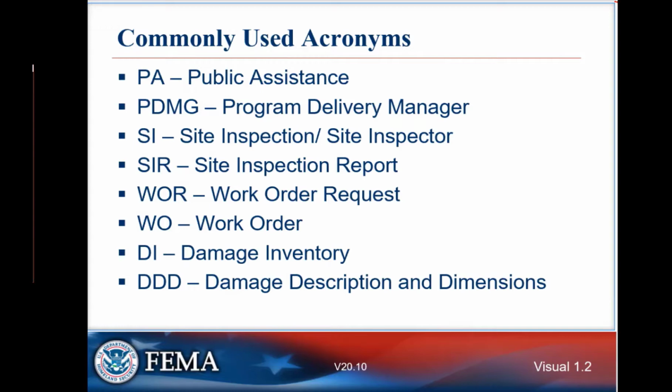We have SI, which stands for Site Inspection or Site Inspector, interchangeable depending on the context of the discussion or topic. We have SIR, which is short for Site Inspection Report. The Site Inspection Report is the template that FEMA uses to gather the necessary information while on the site inspection. We have WOR and WO, which are scheduling functions in both Grants Manager and Grants Portal.